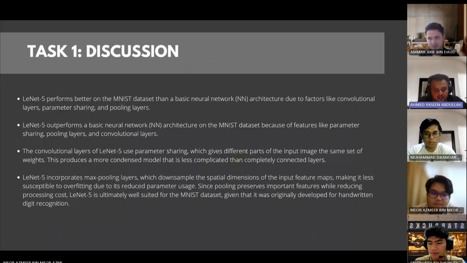The convolutional layers of LeNet-5 use parameter sharing and look at different parts of the input image with the same set of weights. LeNet-5 also adds max pooling layers, which reduce the spatial dimensions of the input image, making it less specific.